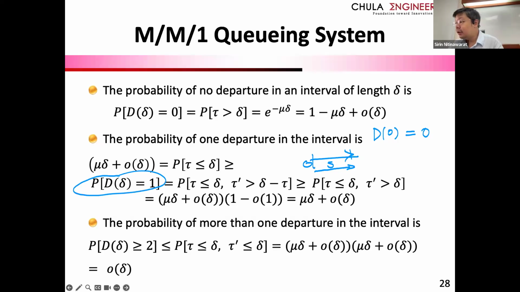Starting with time 0, the server will start to process the current customer. Let's denote that by tau, the current service time. If I know that there is one customer that gets done within the time interval delta, what can I say about tau?